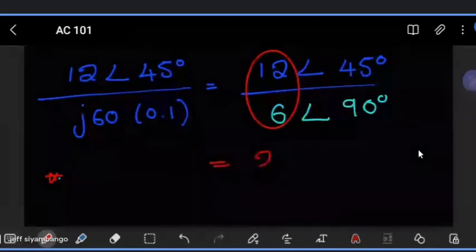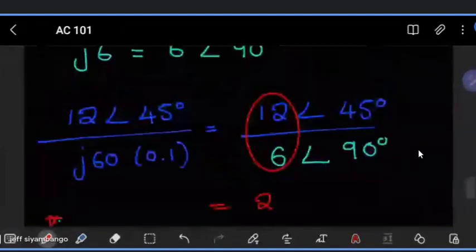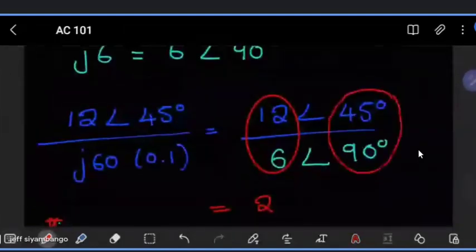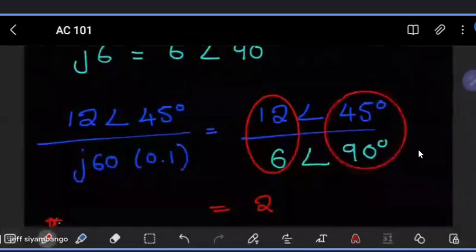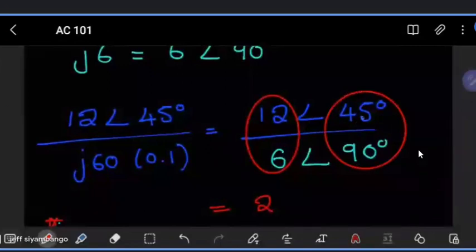Now the next trouble part is going to be the angles. For the angles, treatment is more like exponential functions and the likes. By that, I mean when they are dividing like this, what do you do to them? Subtract them. So when they're dividing, subtract them.